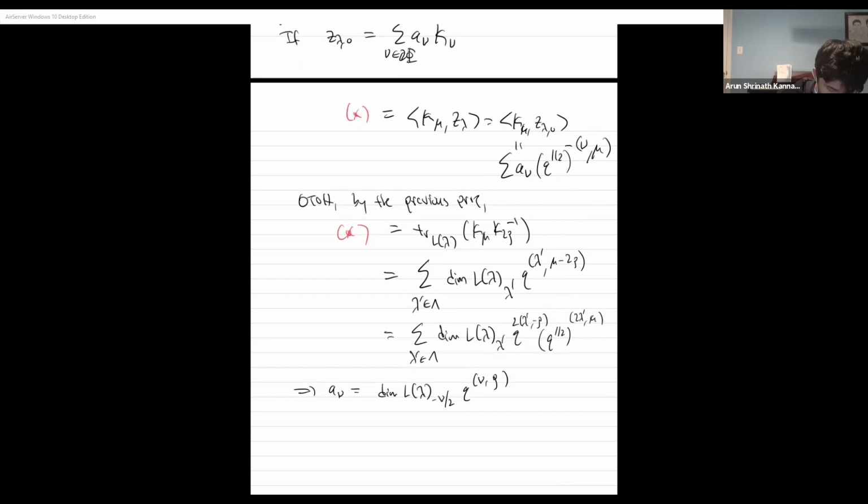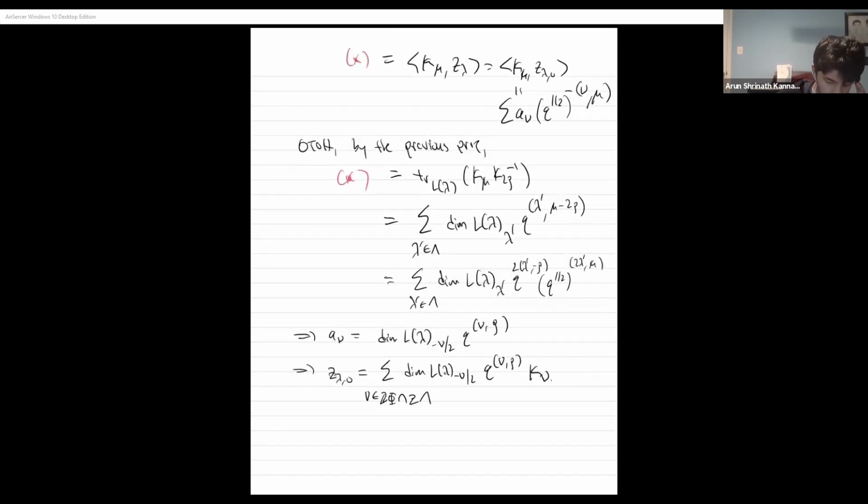And so that tells us what z lambda 0 looks like. It's the sum over nu in Z phi intersect 2 times the weight lattice of dim L of lambda minus nu over 2 q to the nu rho k nu.